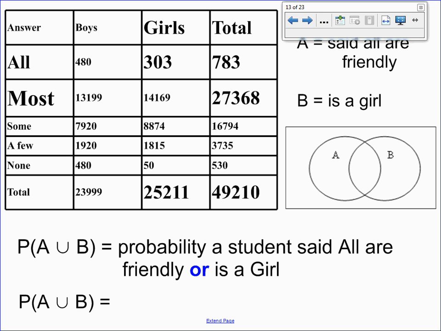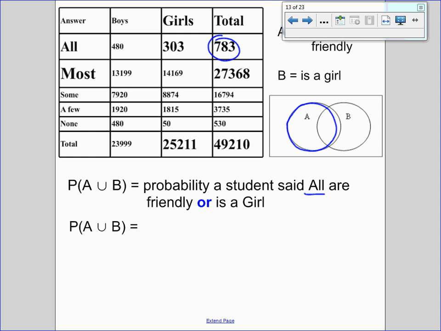We'll still sum together our individual probabilities. We just need to then subtract off that overlapping portion. So here we've got our all are friendly, which is our 783.